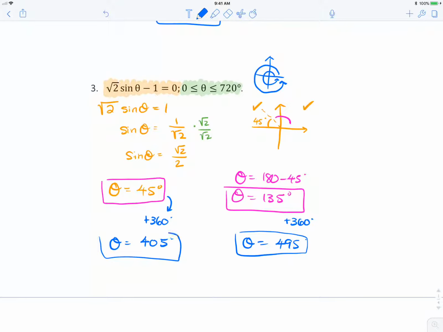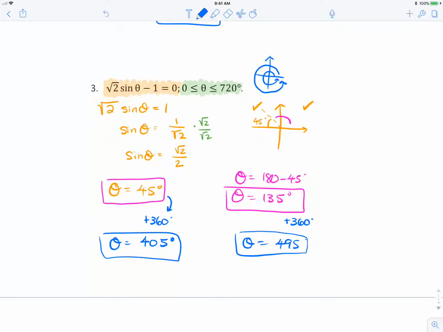So now I have totally completed the question because I looked in the domain. If I'm not sure if I have to keep going, I just do a test value. If I added 360 onto this, I'm going to go over the 720 cap. So I'm done. There are 4 places on the unit circle where this value is true.